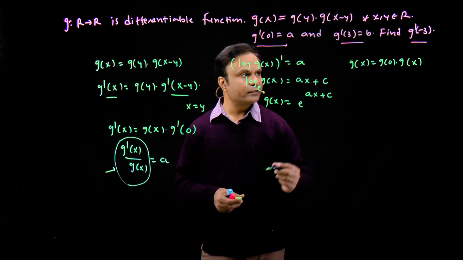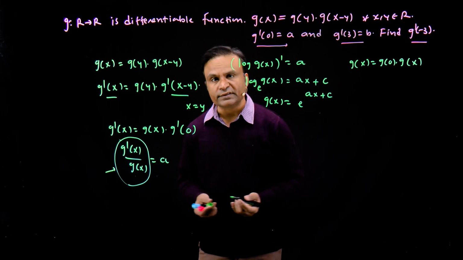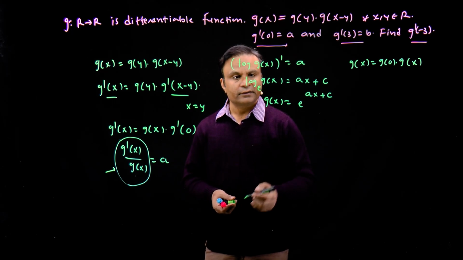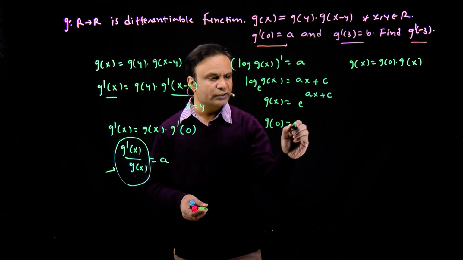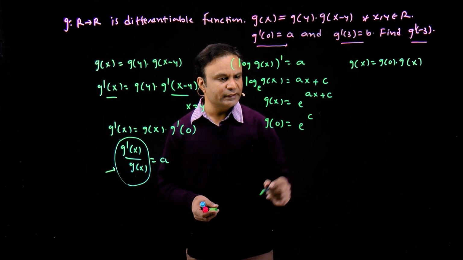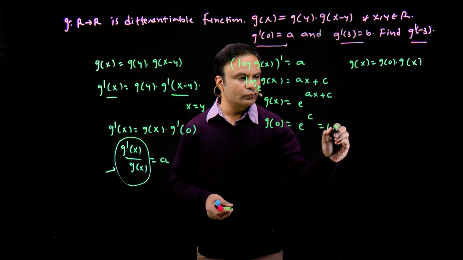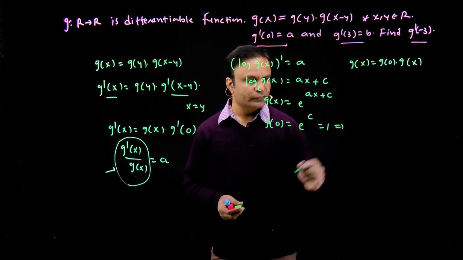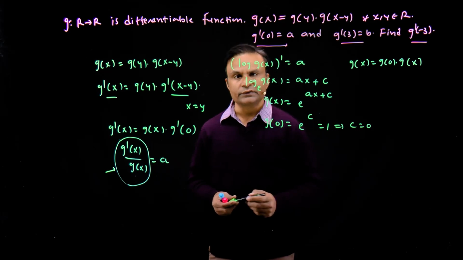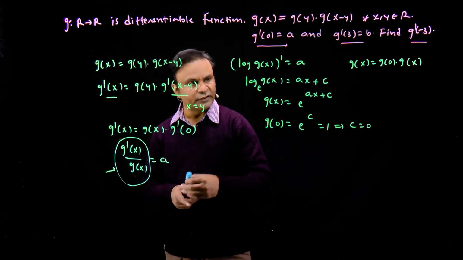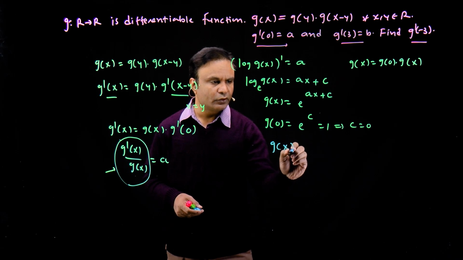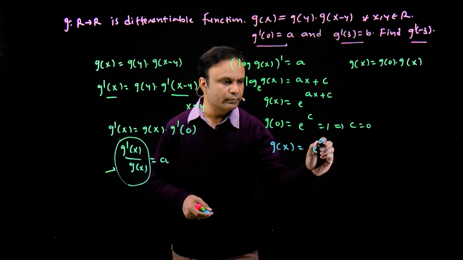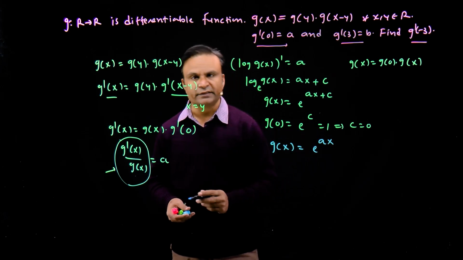From this I get the value of g 0 is equal to 1. So now in this put x is equal to 0. So I get g of 0 is equal to e power c, and g of 0 is equal to 1. This implies c is equal to 0. So my function is finally g of x is equal to e power ax.